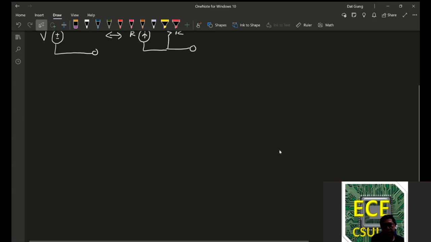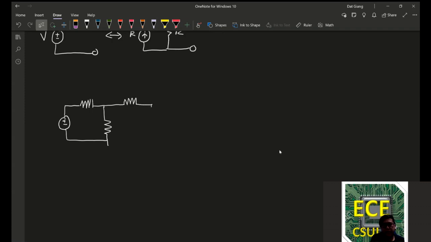Let's say we have a voltage source like so, and then we have a resistor. Here's another resistor. Here's another resistor. Here's another resistor. And here's a current source.